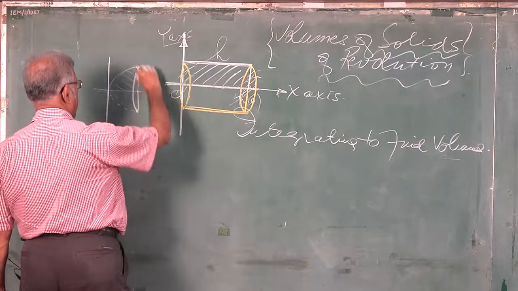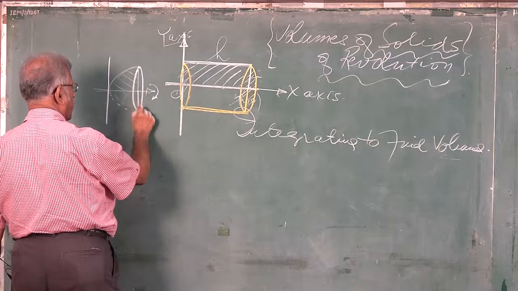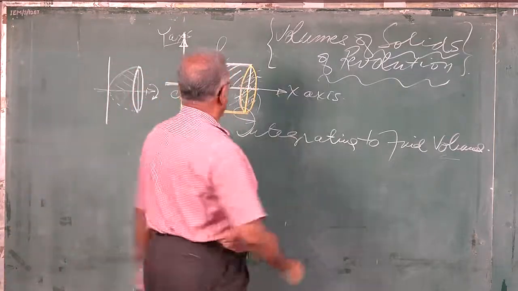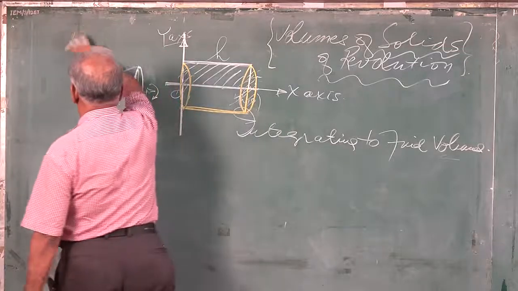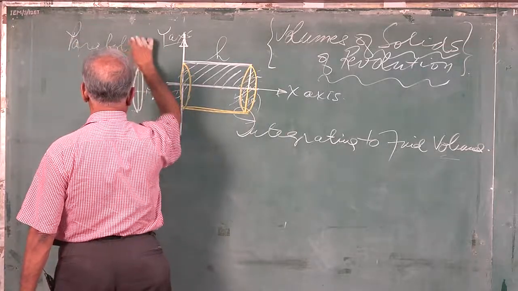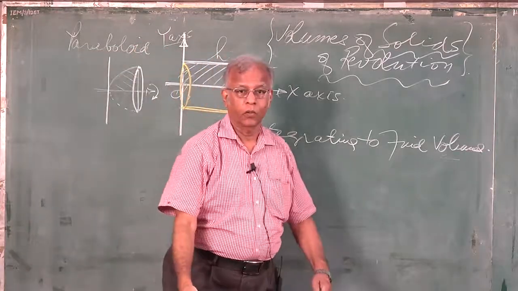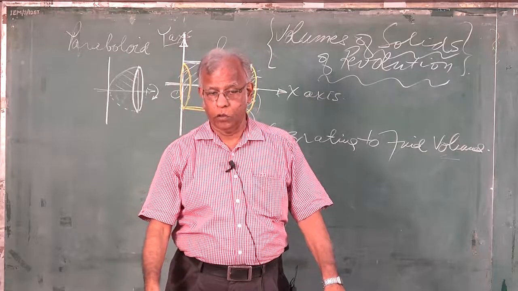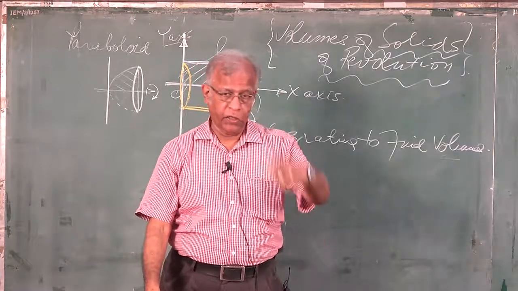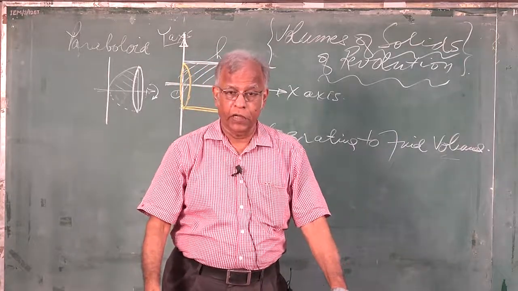So that's called a paraboloid. The plane curve is a parabola. Now we get a paraboloid. Parabola to paraboloid, ellipse to ellipsoid, and so on. Of course, if a circular or semicircular area is rotated, we get a sphere.